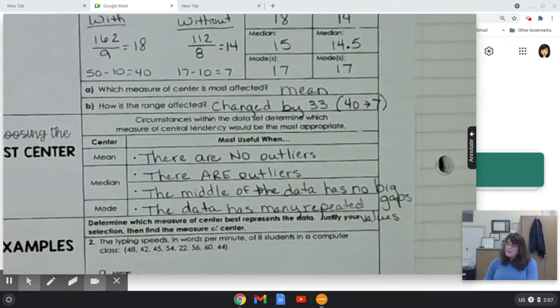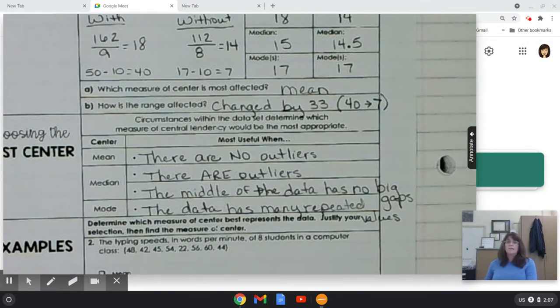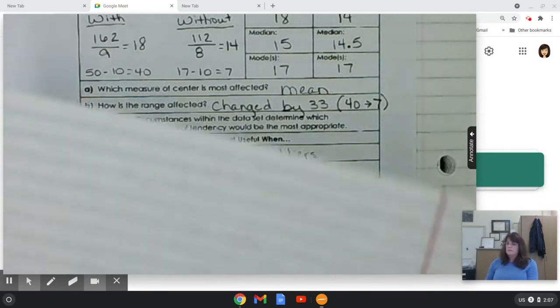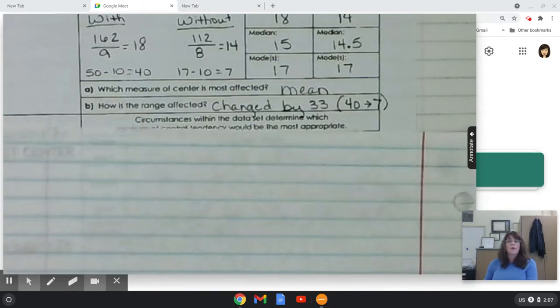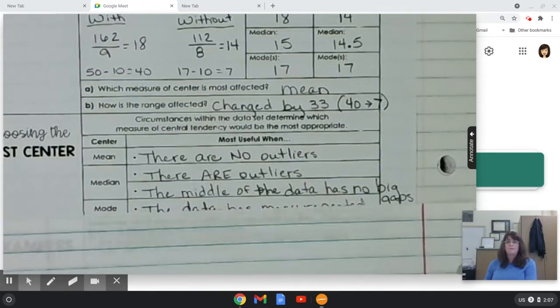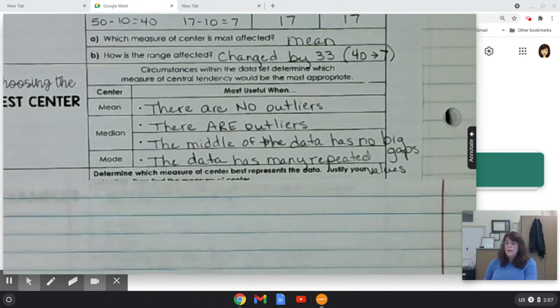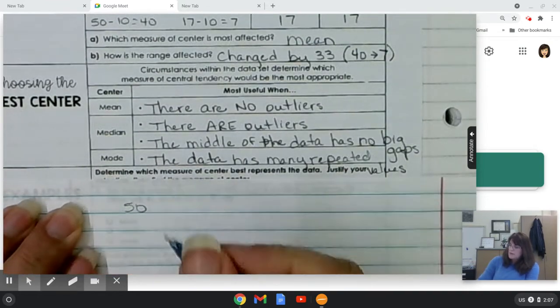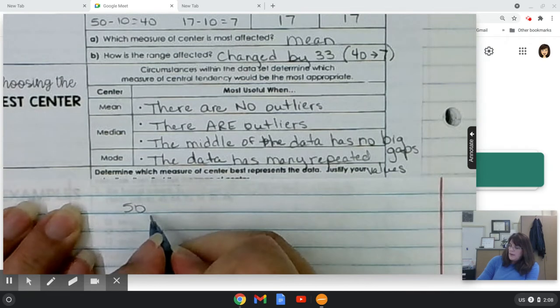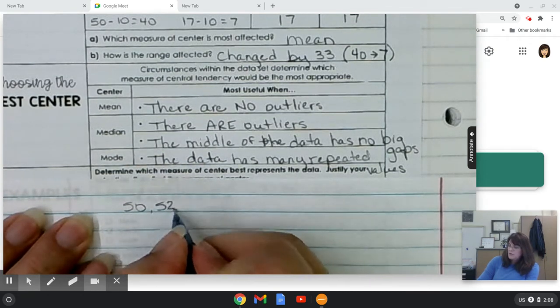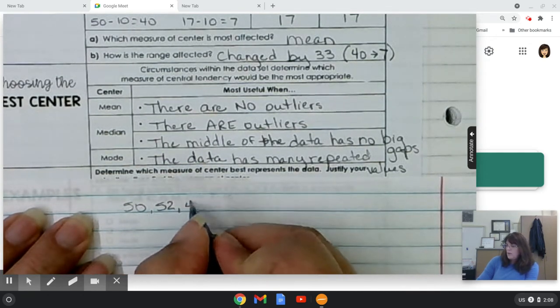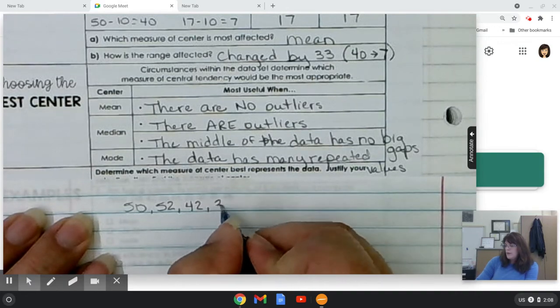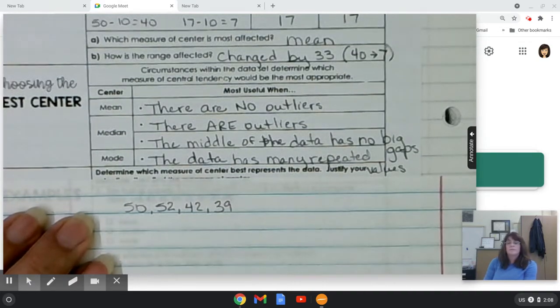So the median can be much more true when you have a weird number. But this idea of gaps, let's say I go out to dinner. Several of my coworkers have small children, you know that. And we go out to dinner and there are people at the table who are 50 and 52 and 42 and 39.